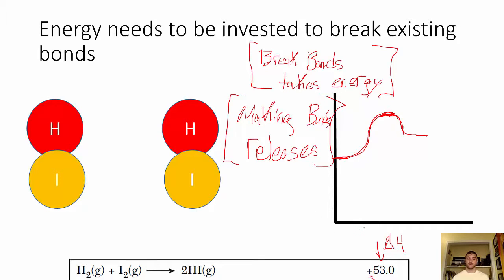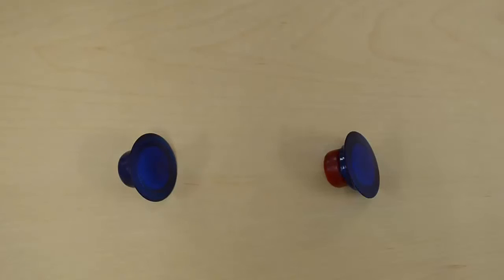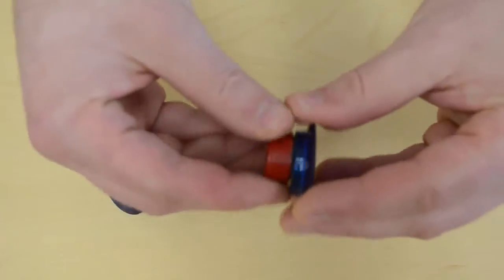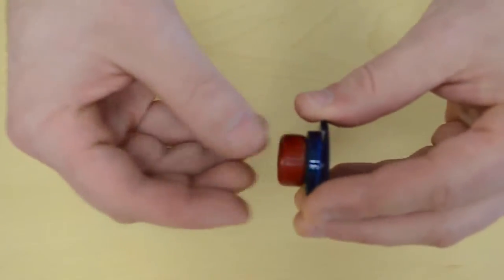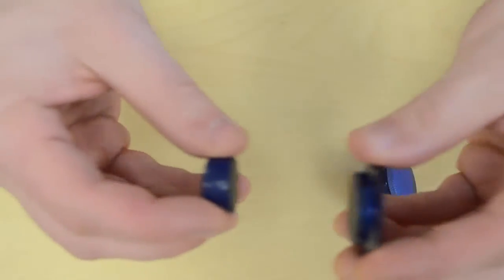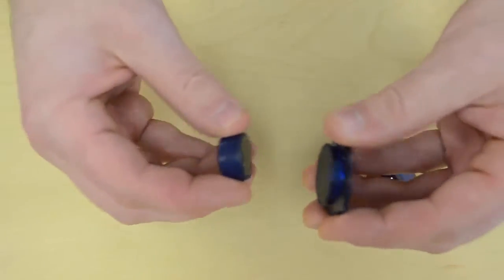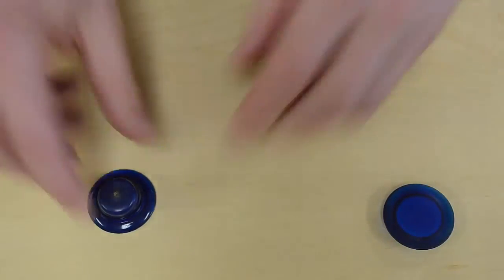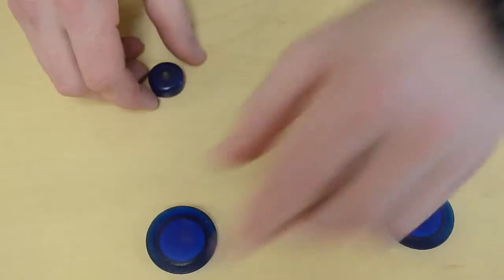So for this example, we had to put in energy. So it's kind of like magnets. We got two different magnets being bonded together right now. First I have to break that bond, so I got to invest some energy, and you can hear that energy being released when it comes back together. Same thing over here. Two different magnets, certain amount of energy holding them together, got to break it apart. Now if I want to do a switcheroo, I got to invest that energy to break those bonds between those two magnets.